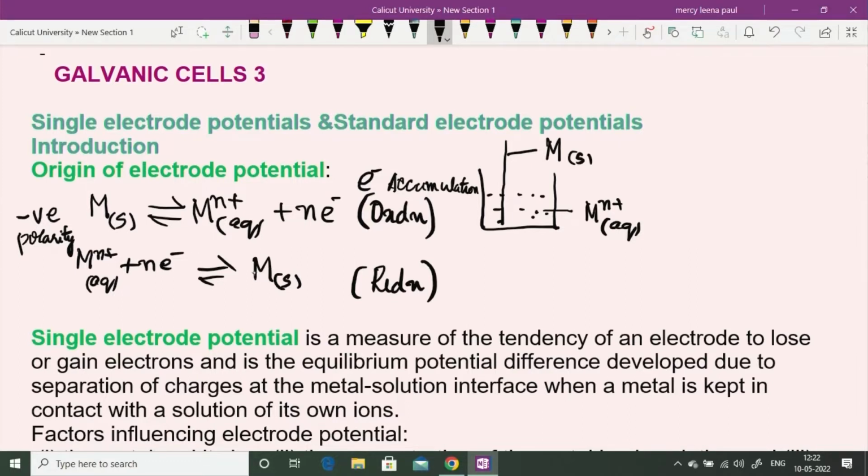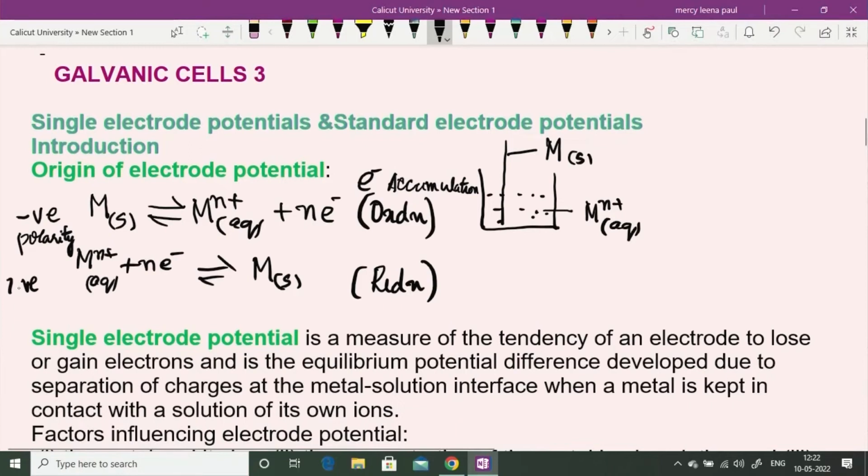If such a reaction takes place at an electrode, the electrode becomes electron deficient, or you can say it will have a positive polarity. And we know that this is the electrode at which reduction takes place, so we have to consider it a cathode. That is what I told you: there is no relation between anode or cathode and the polarity of the electrode.